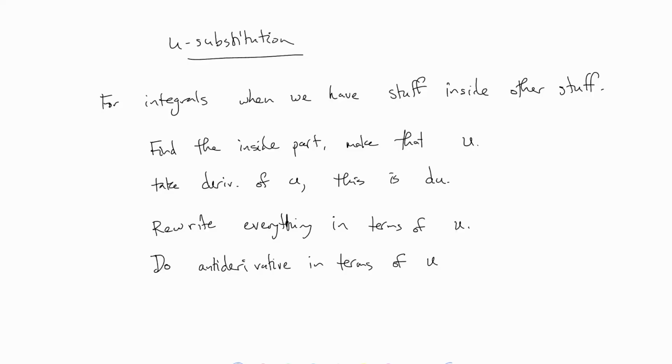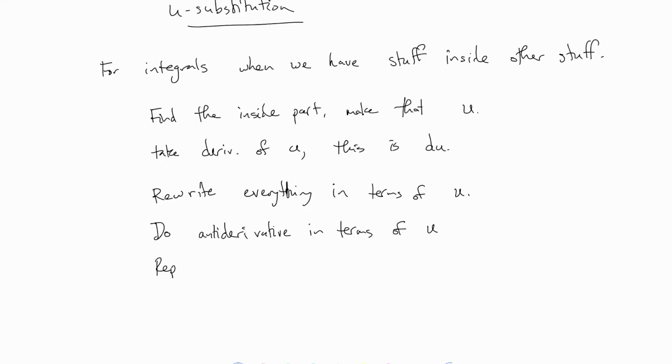At this point, you're basically done. You've done the integral. And then at the very end, there's a step which is always easy, and that is just to replace the original variable, whatever you started with, which you turned into u's. Then you put it back in the original variable at the end. This last step is always easy to do. Sometimes you forget to do it, but replace the original variable. This is the idea or the procedure of doing the u-substitution.